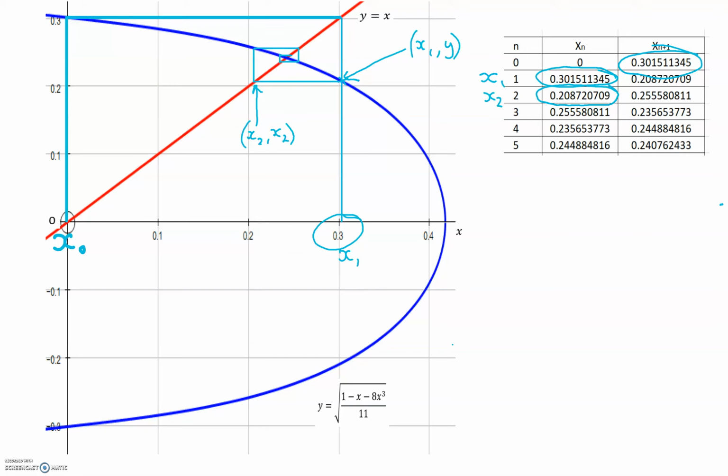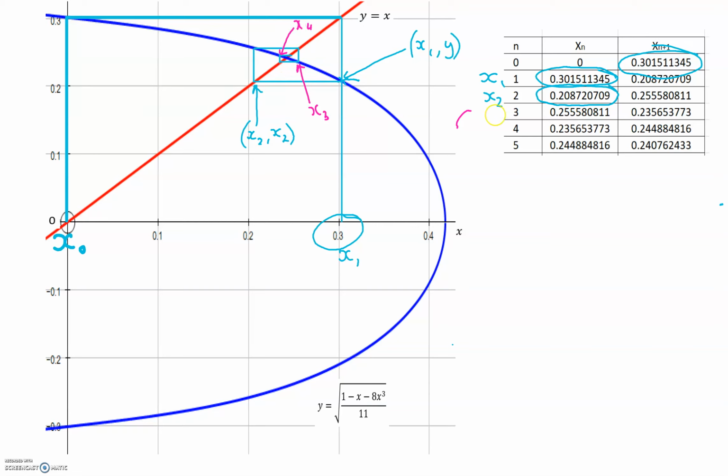And the successive values of x, so our value of x3 is going to be around here, so this is x3. And then the value of x4 is here.